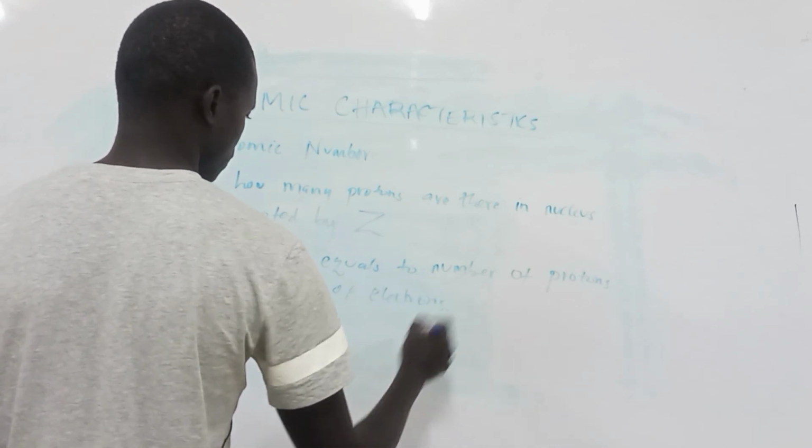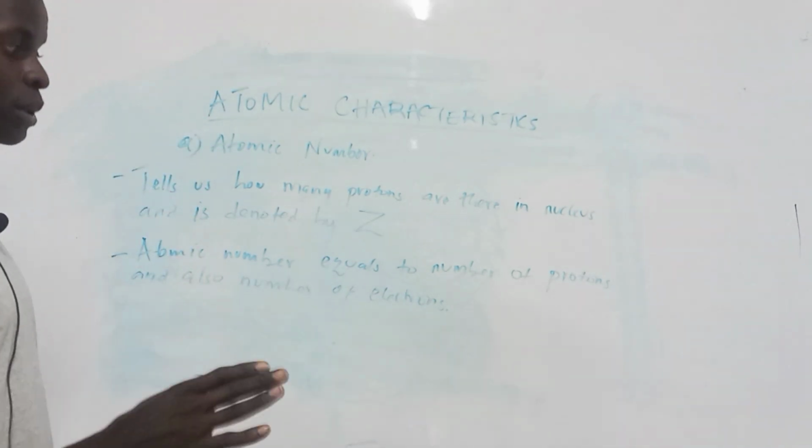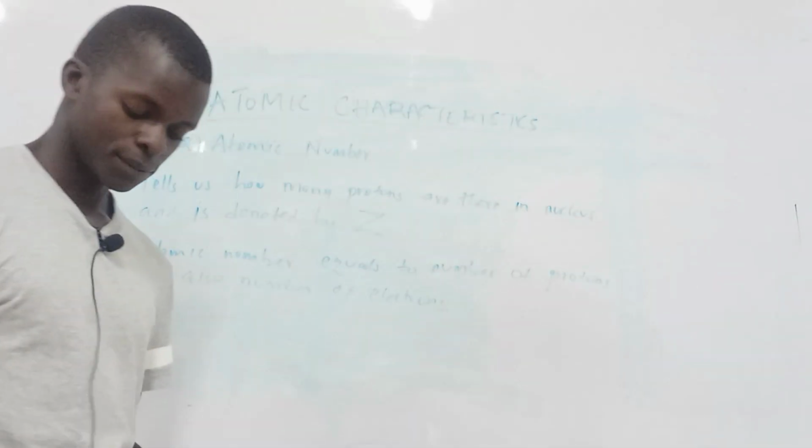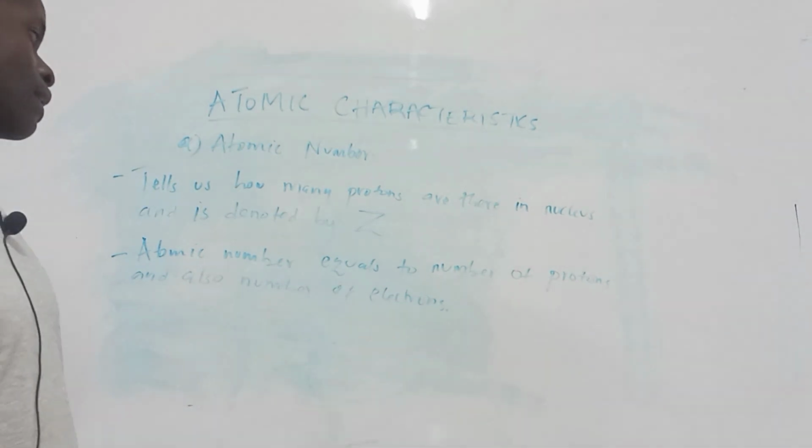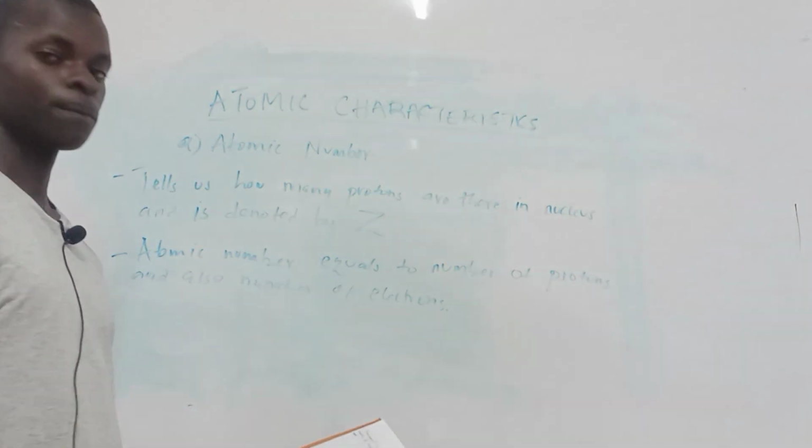So the number of electrons, number of protons, and atomic number are the same in any given element. They are the same.